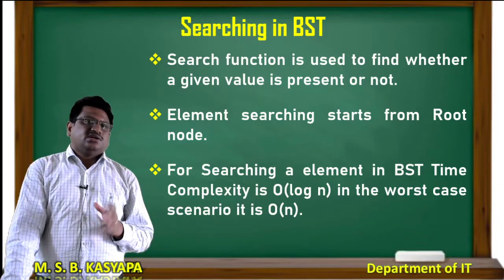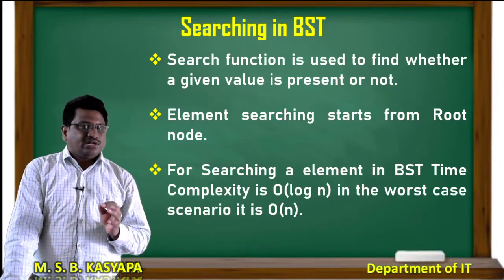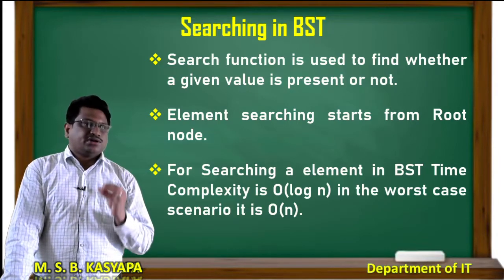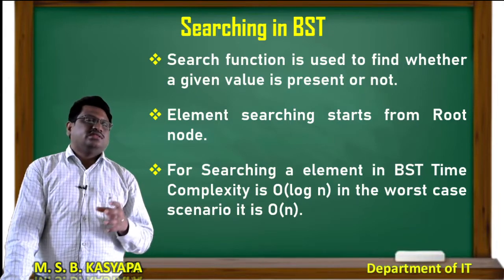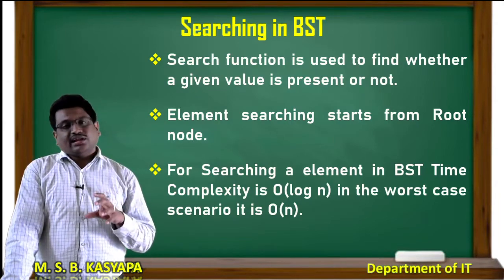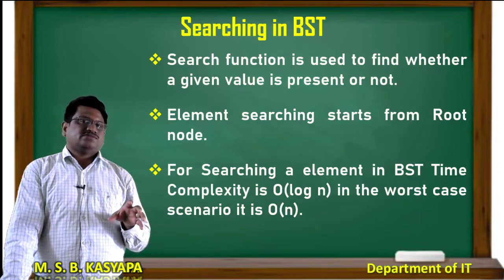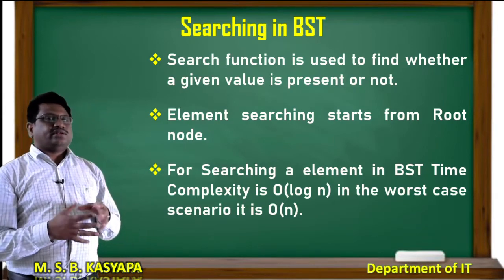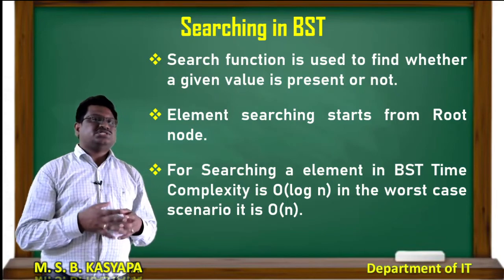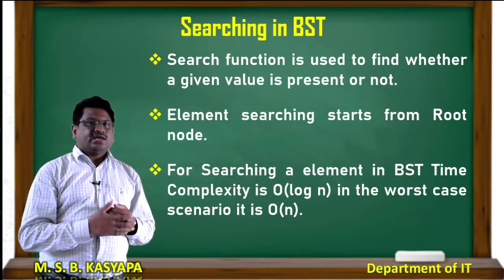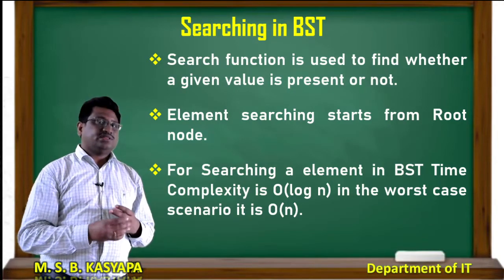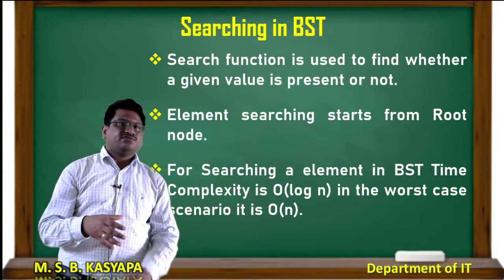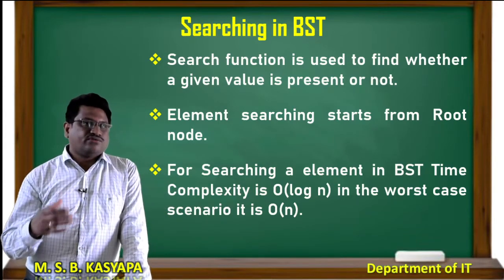So, what is searching? If I want to find out whether a particular value or node is available in a particular binary tree, then I will use a searching methodology. As you know, in a binary search tree, the searching of an element is order of log n.